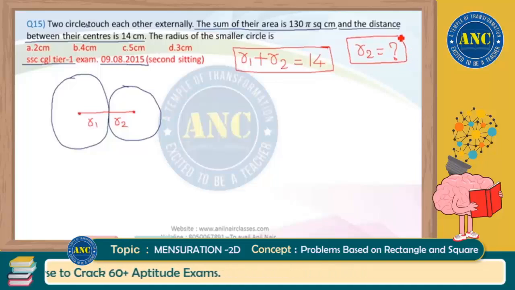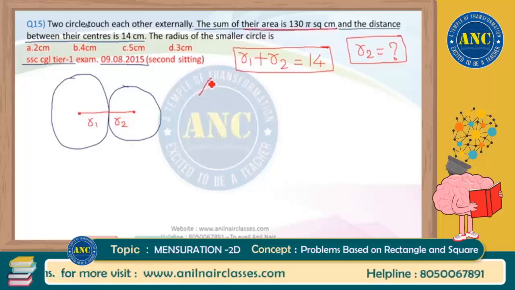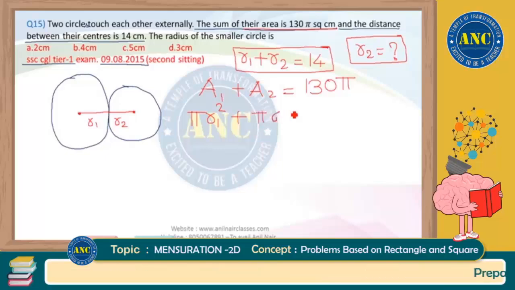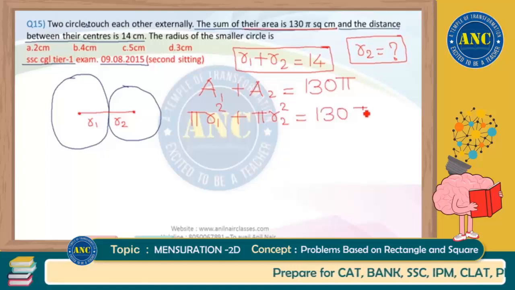Now what else is given? Sum of their area is 130 pi. That means area of first circle plus area of second circle is nothing but 130 pi. Area of first circle is pi r1 square. Area of second circle is pi r2 square. This is equal to 130 pi.